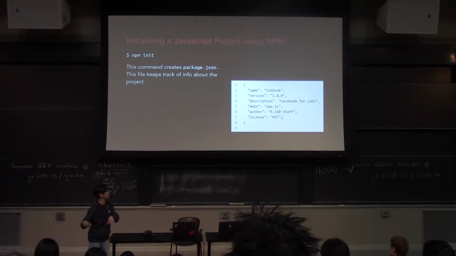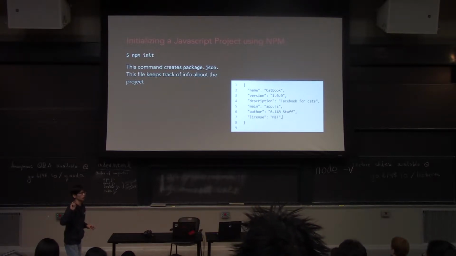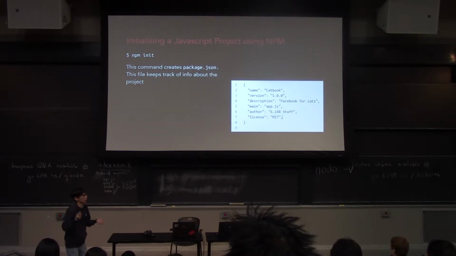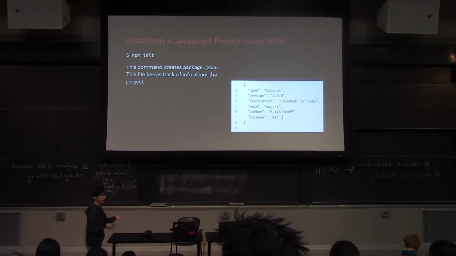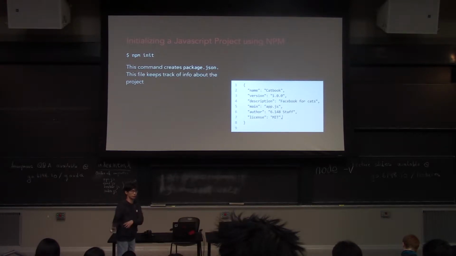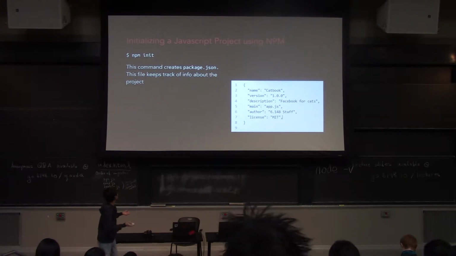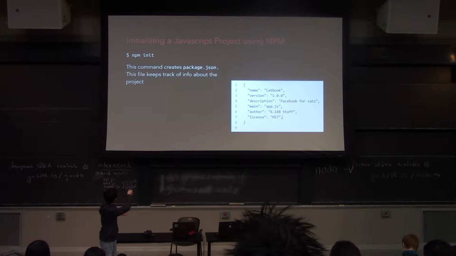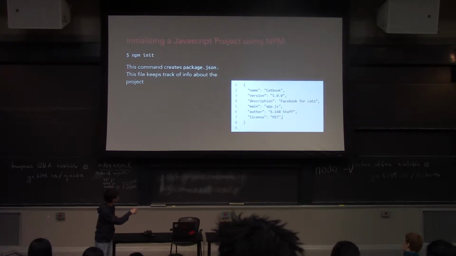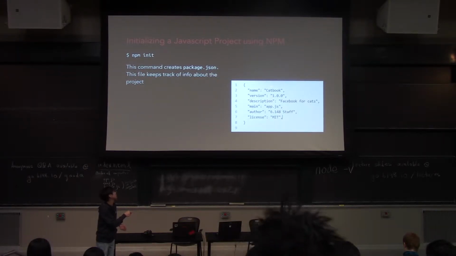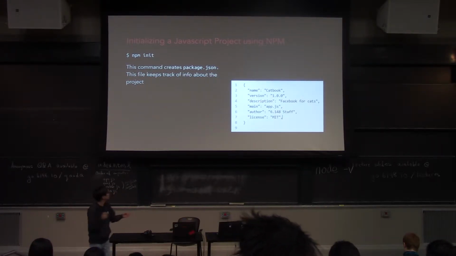a project-to-project basis. So make a new directory called, I don't know, app. And in it, type npm init. This will initialize a Node project for you. What this does is it creates a file called package.json. For our Catbook app, when we ran it, it'll tell you to fill in the name, version, description, and so on.